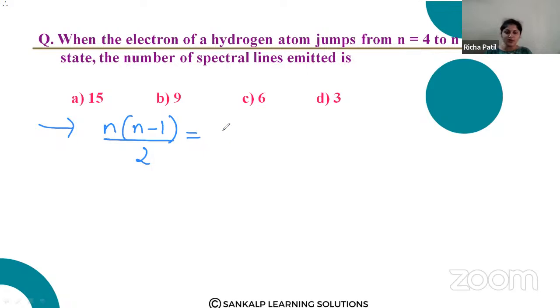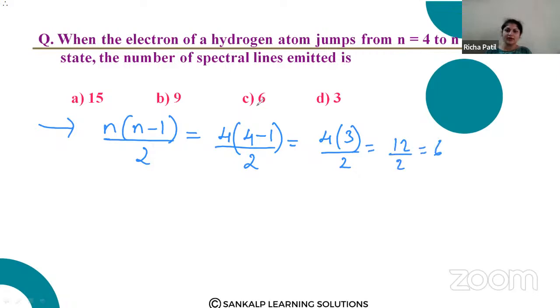So for n is equals to 4, you take and substitute and see what it is coming. It will be, correct, C, 6. So use this particular formula to calculate the spectral lines.